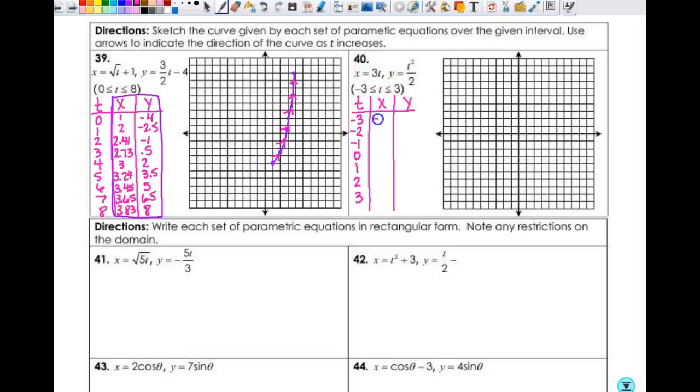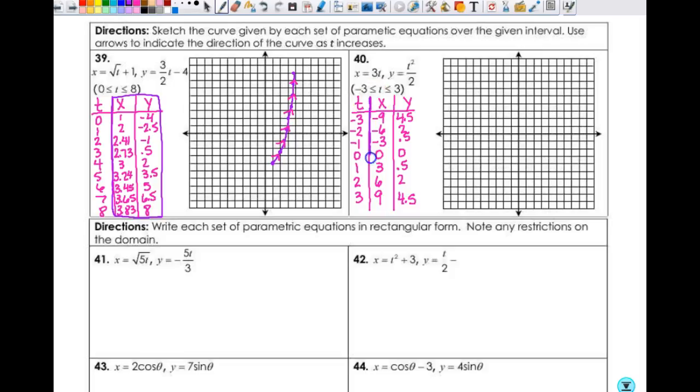So that's going to give me -9, -6, -3, 0, 3, 6, 9. Then I substitute the t values again into y. That's going to give me 4.5, 2, 0.5, 0, 0.5, 2, and 4.5.